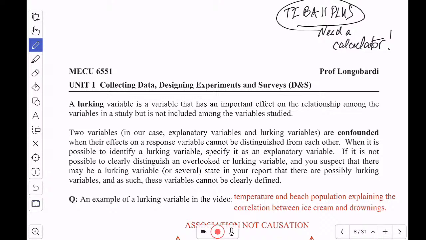And we want to talk about lurking variables now. There was an example presented in the decision through data videos to explain lurking variable. There were a few actually.